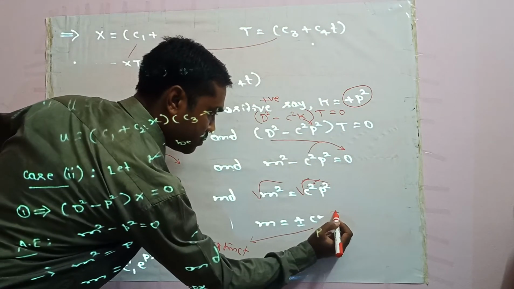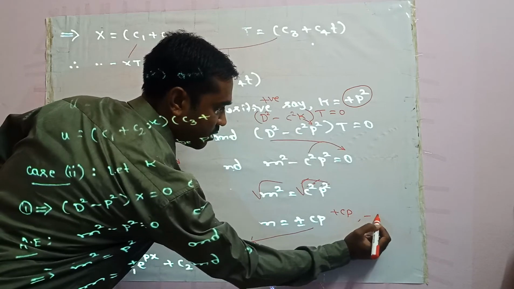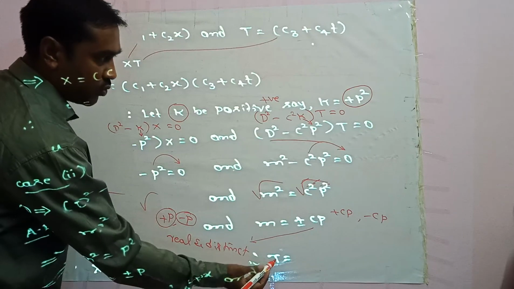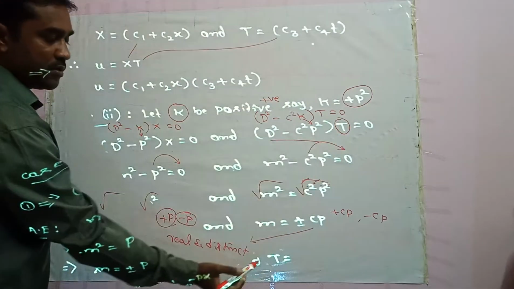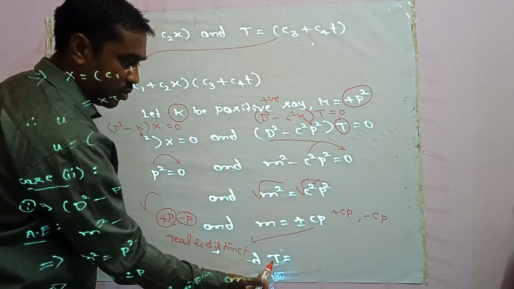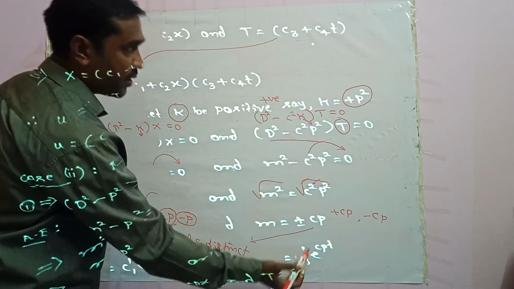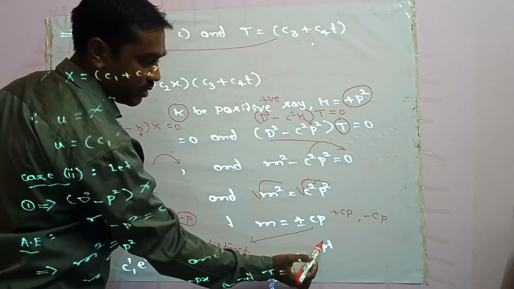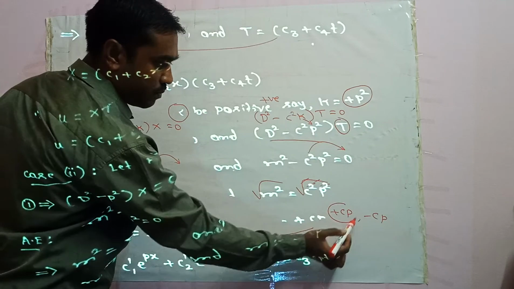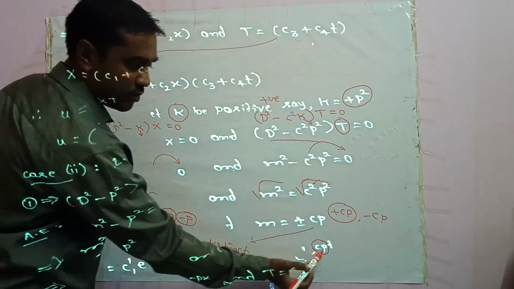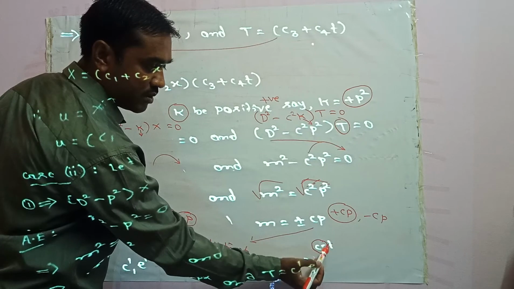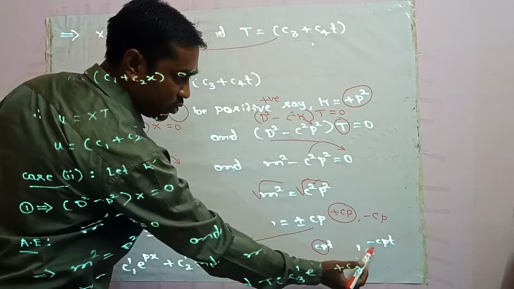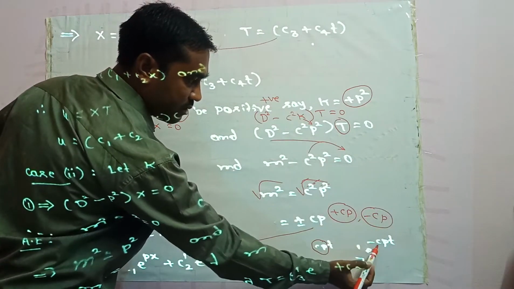Similarly, we have two roots here. One is plus cp, other is minus cp. Let us write the CF for this. T is equal to. Why have we taken T? Because the dependent variable is T here. T is equal to C3 dash. Since we have taken C3 here, let us take C3 dash e to the power plus cp into t, because our variable is t in this differential equation, plus C4 dash e to the power another root, minus cp into t.